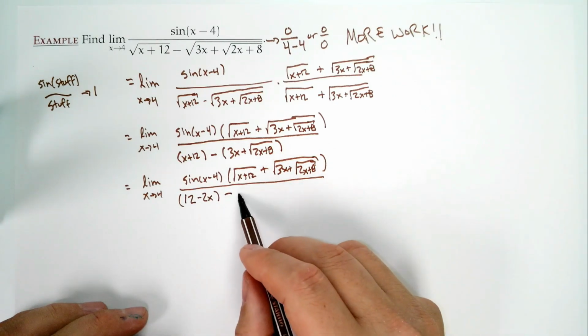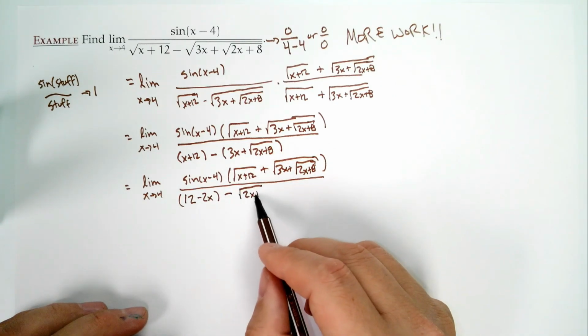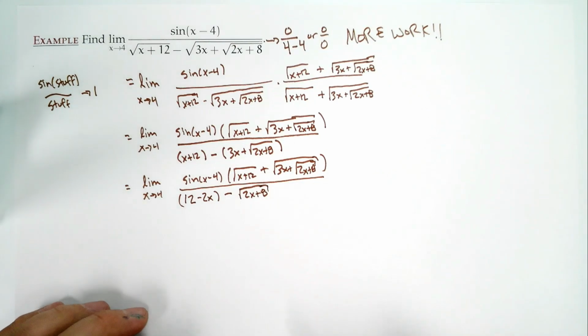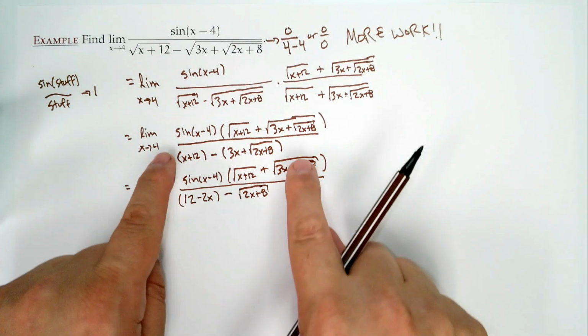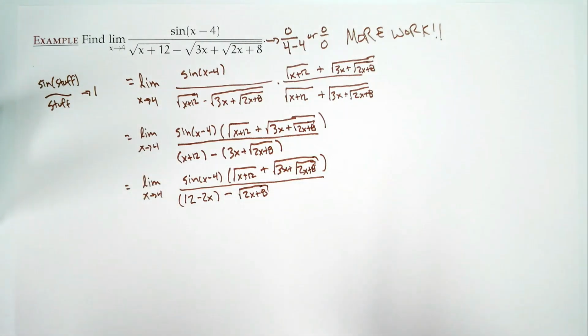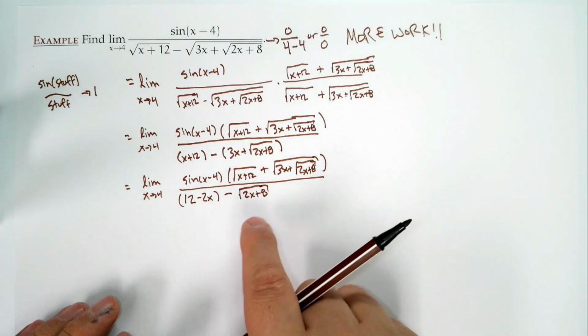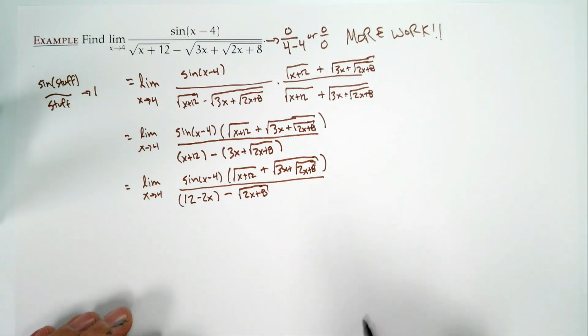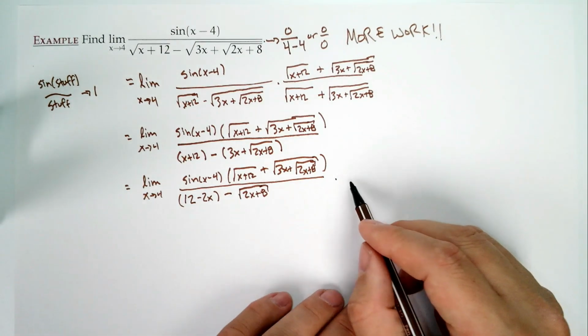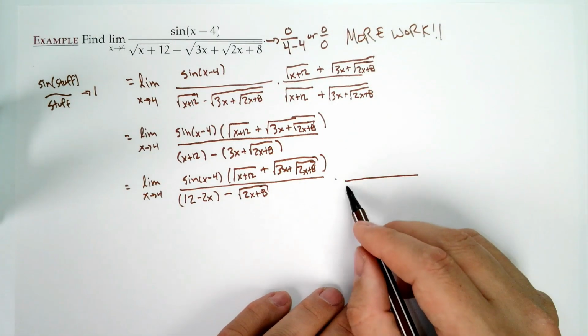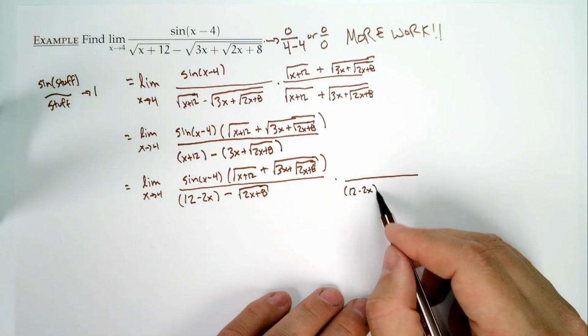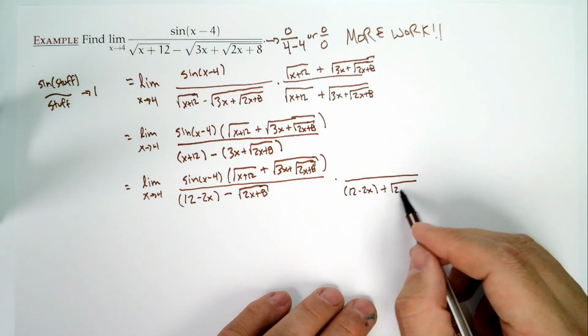Subtract square root 2x plus 8. Okay, so we've simply rewritten the denominator, and we've sort of emphasized a minus b, where b is a square root. Now at this point we're like, perfect. It worked once. Let's do it again. 12 minus 2x plus square root of 2x plus 8.